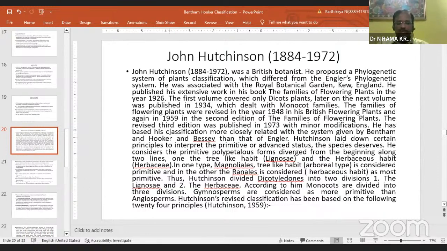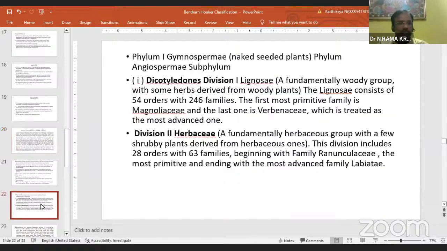So this is the system of classification.